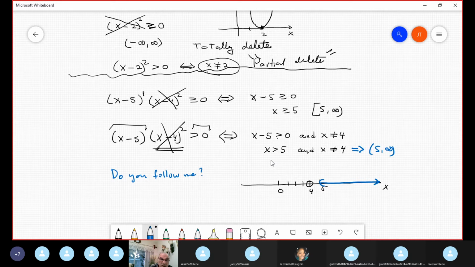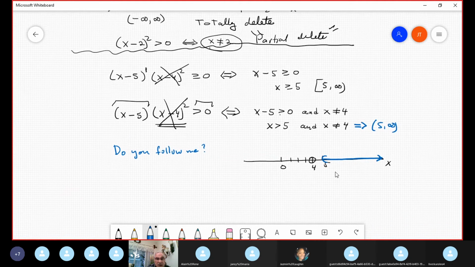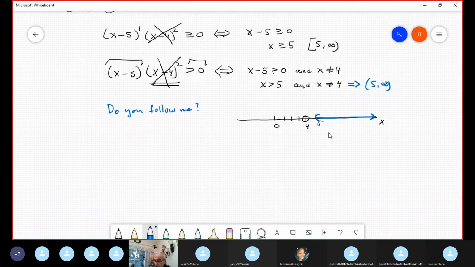How do you know when it is totally or partial? If the inequality is a strict inequality, you partial delete. The inequality has no equal sign, so it is partial delete, and you consider a whole at the factor involved, in that case 4. If the inequality is not strict, a combination of equation and inequality, then you totally delete.